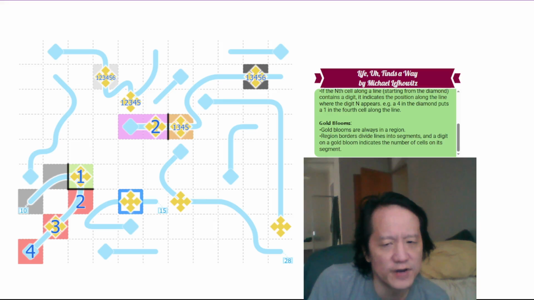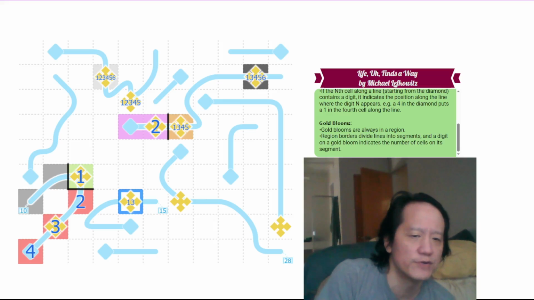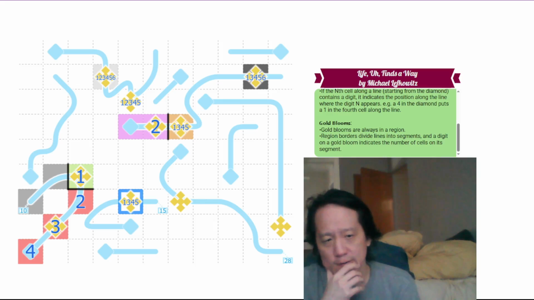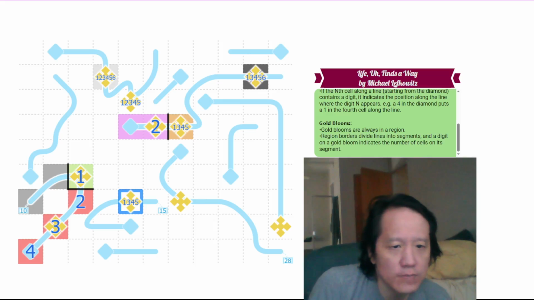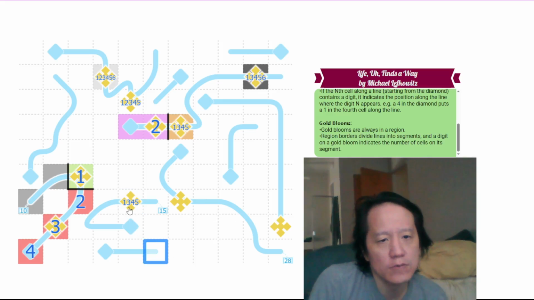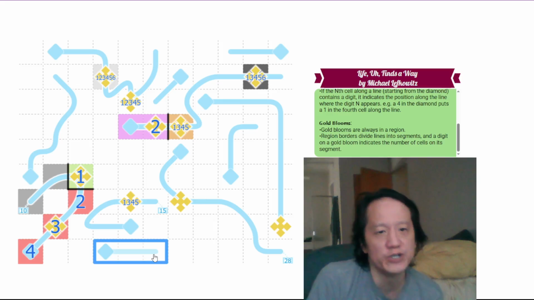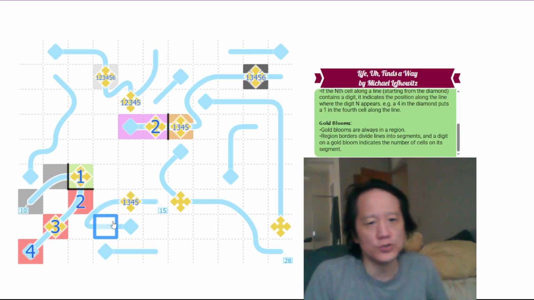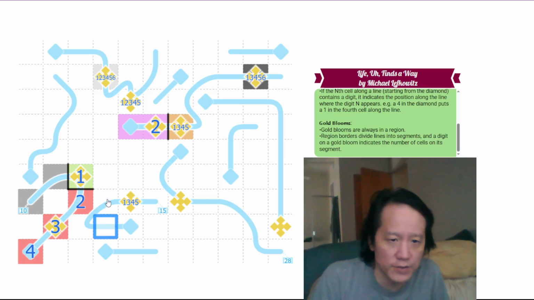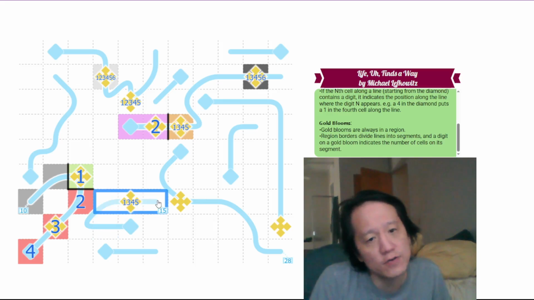That means this is 5 at most. So this is 1, 3, 4, or 5 here. These digits, if they're here, have to be 1 through 3, but they don't actually have to be a region. 2 can never be in 3, 4, or 5.